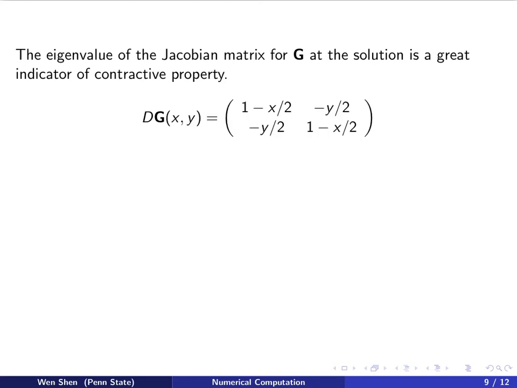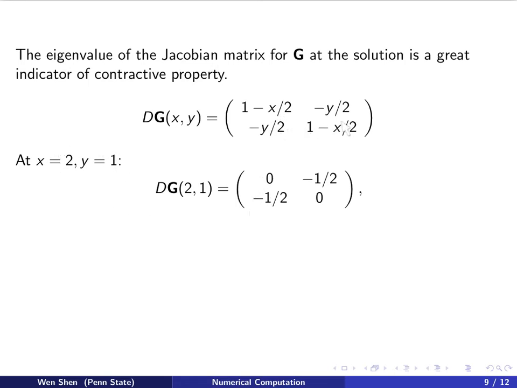So performing the partial derivatives of g, we obtain this Jacobian matrix. We are interested in the Jacobian matrix near the fixed point. So let's evaluate it at x equal 2, y equal 1, which is the fixed point.